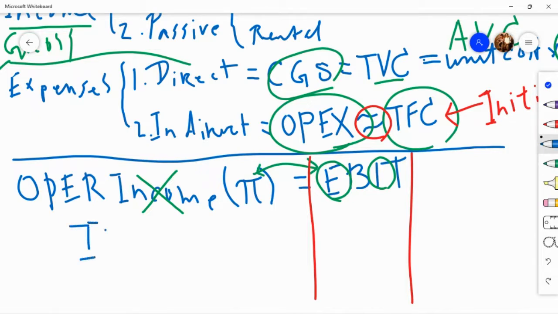Interest must come next, right? Too late, you don't get any point. It's called interest payment or interest expense. It doesn't matter whatever you call it.